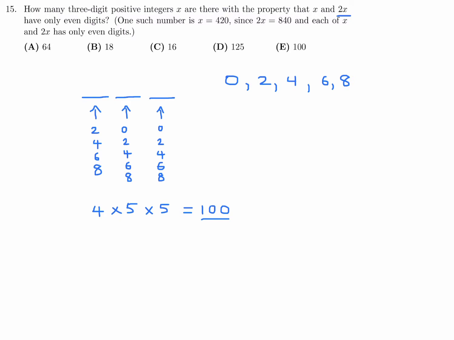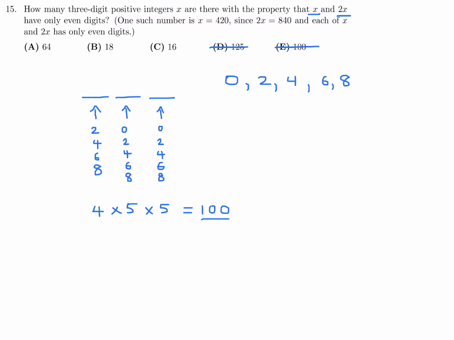Okay? So if the question was just x, the answer would be 100. But the question is x and 2x. So we immediately cross out 100. I can also cross out 125 because obviously my answer is going to be less than 100, right? Because there's several of these that I have to eliminate.